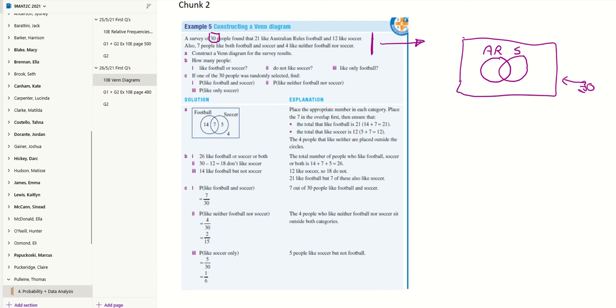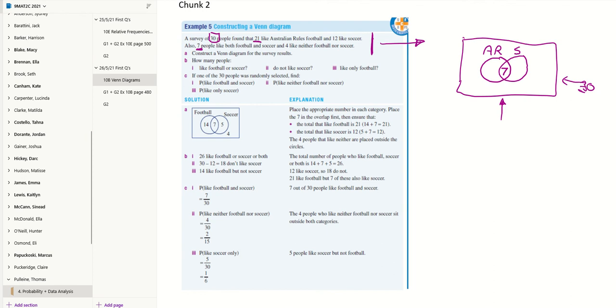Now the first thing that we're going to stick in there is this both thing, because that is something that is fixed. So what we looked for was both, and it was 7. 7 people like both. Let's throw our 7 in the middle. Now it's told us that 21 like Australian rules football.